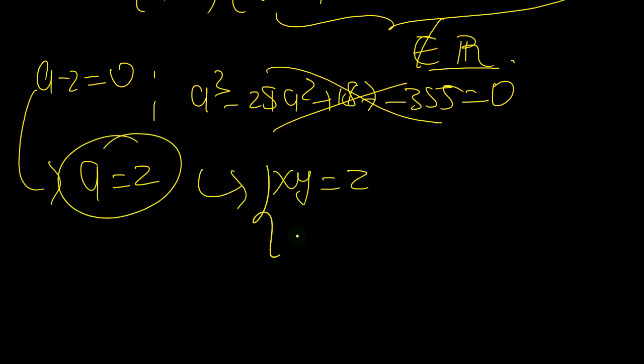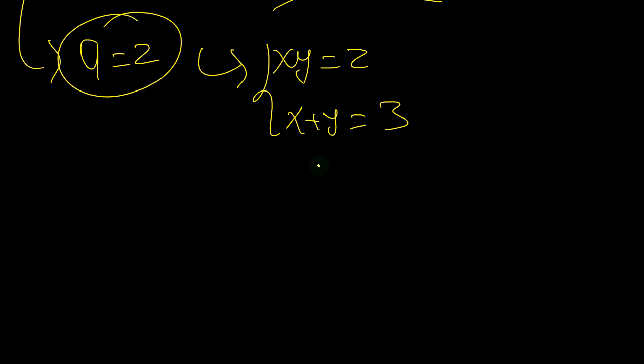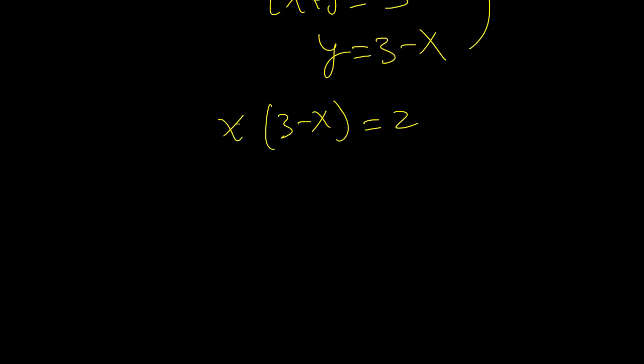So we have x plus y is equal to 3. So y is equal to 3 minus x, and replacing this here, we're gonna have x, which multiplies (3 minus x), equals 2. And then we have here that this is minus x squared plus 3x minus 2 equals 0.